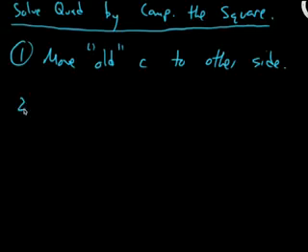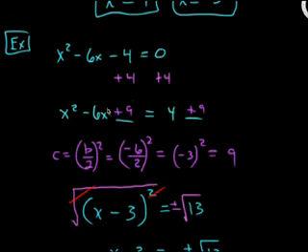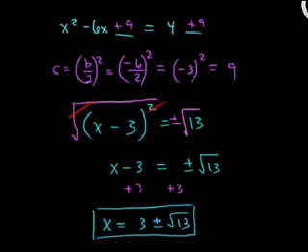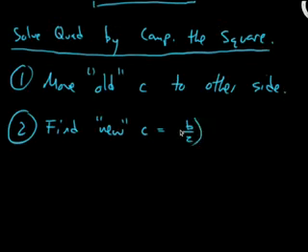Step 2, what did we do? Step 2 was we found our new c term, and completed the square. So find new c, with new in quotes, which is equal to b divided by 2 and squaring it, and add to both sides.